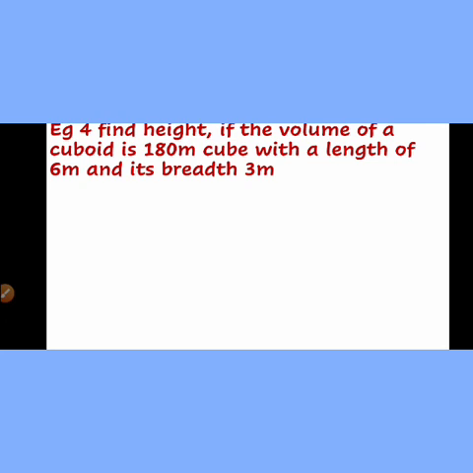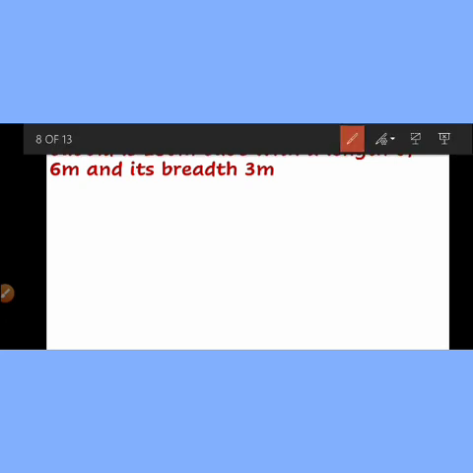Now here we're asked to find the height of the cuboid, where we're given the volume, the length, and the breadth. Remember, the formula has not changed. The formula still remains length times breadth times height in finding volume, right? So to get volume is length times breadth times height.